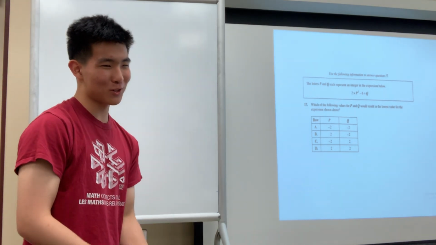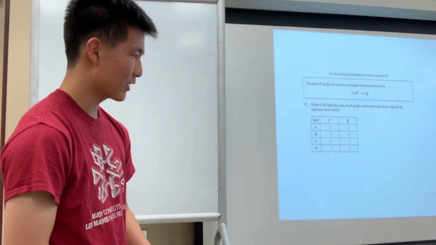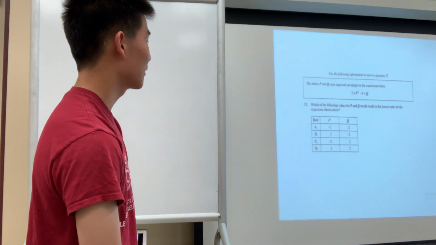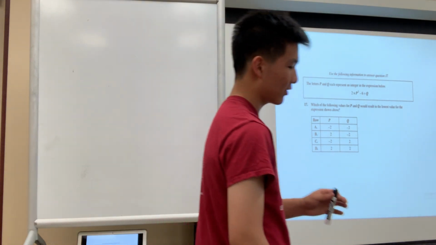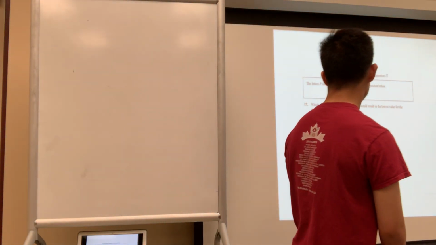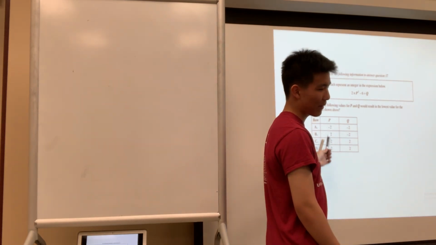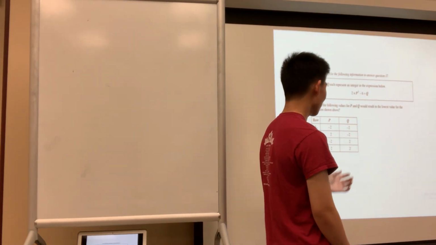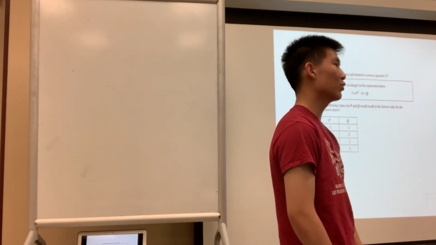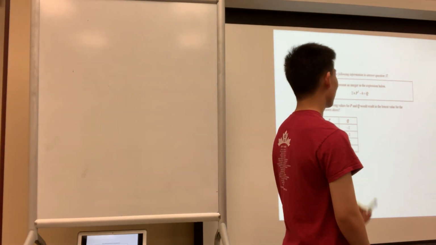So the lowest value doesn't mean the value closest to 0, it means the value that's the most negative. And I think the nice thing to do before you actually solve the problem is look at the answers. All the answers have magnitude 2, right? So basically what it's asking is what signs of P and Q will result in the lowest value.